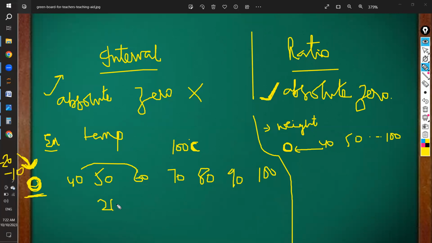But you cannot say that is the same as 100 minus 80. 100 minus 80 is also 20, but you cannot say it has the same intensity as this 20, because here it will be very, very hot, guys. Agree? Because 100 degrees and 80 degrees is much hotter when compared to 40 and 60.